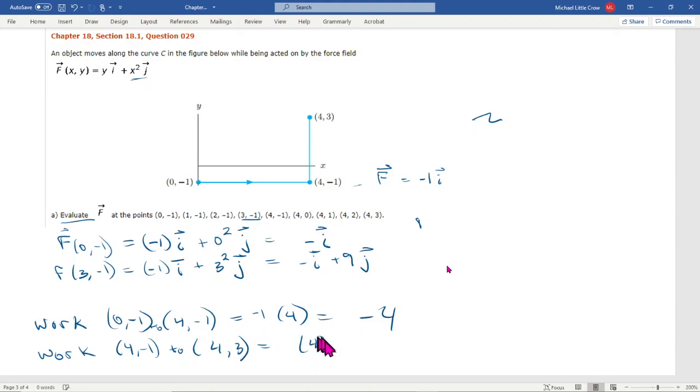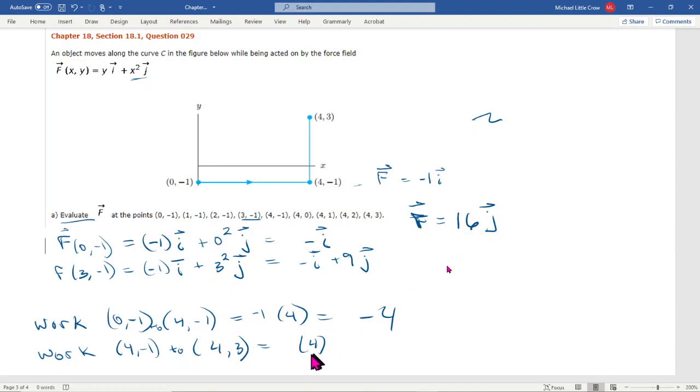That's the length of the path. We put that there. And what is the force, the vector? Well, it's x squared j. So x squared is going to be 4 squared. So our vector in that direction is going to be 16. That's 4 squared j, positive. Okay.